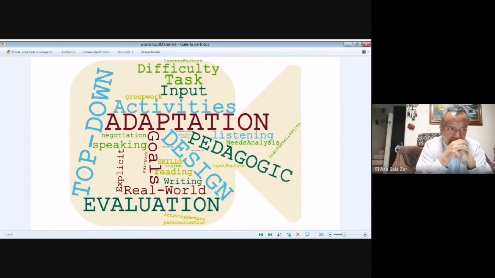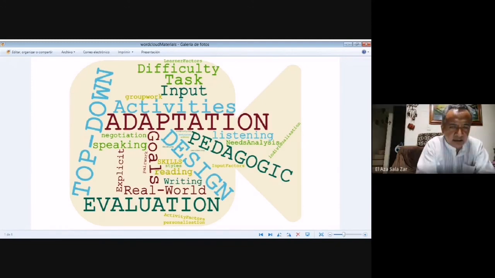If it is writing, what we are going to work with the learners, our materials have to present some features according to the nature of this skill. It is the same for reading and speaking. The materials have to fulfill some requirements for each skill.